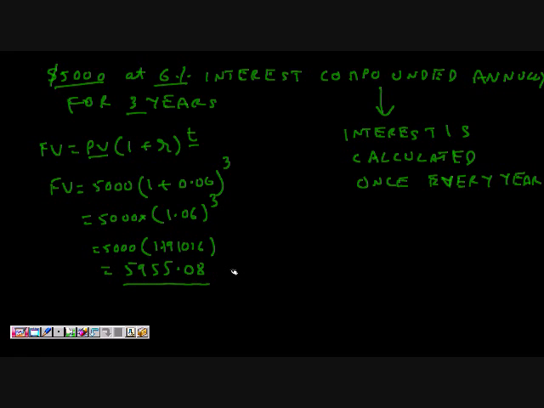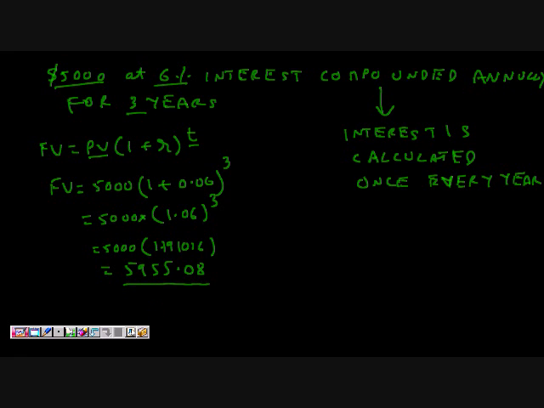Now, what happens if interest is compounded more than once a year, like every 6 months? Let's say you want to find out what happens if interest is calculated every 6 months. There are cases in real life where interest is even calculated on a daily basis. So let's try to find out.